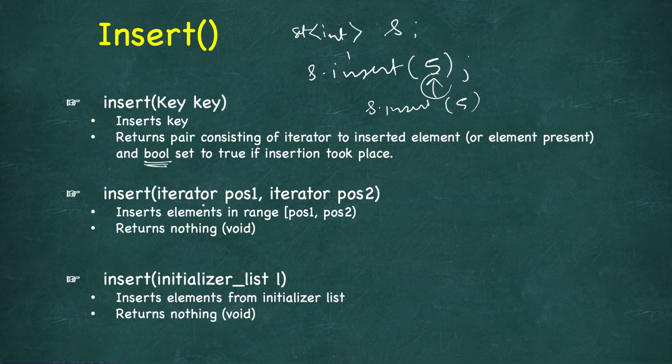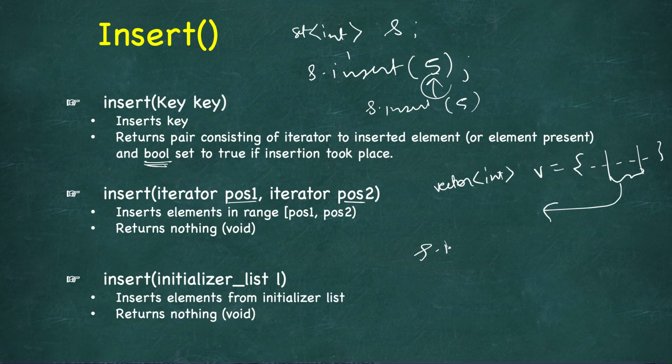Next is you pass two iterator positions. So here clearly, elements which are already there will not be inserted. These iterator positions will be like, let's say you have a vector of int and it has a few elements, and you want to insert from this to this position of this vector into a set.